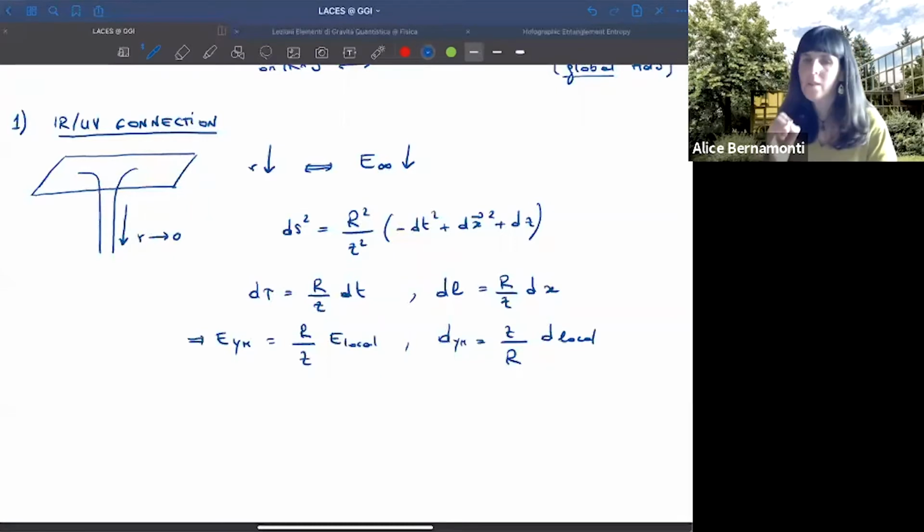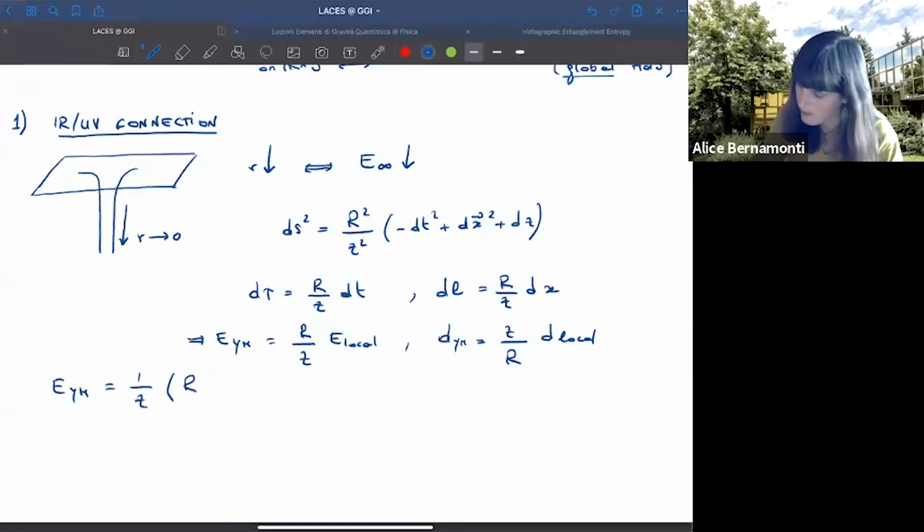If we look at the same bulk process, with a fixed local energy and distance, taking place at different radial locations, the energy as measured in the super Yang-Mills theory will be given by R over z times the local energy, so essentially proportional to 1 over z.